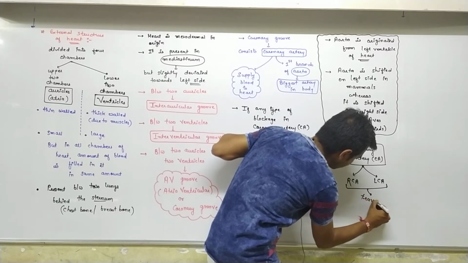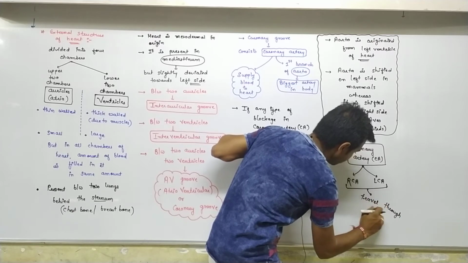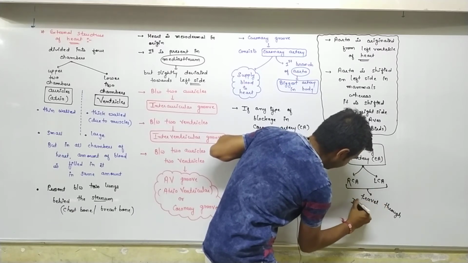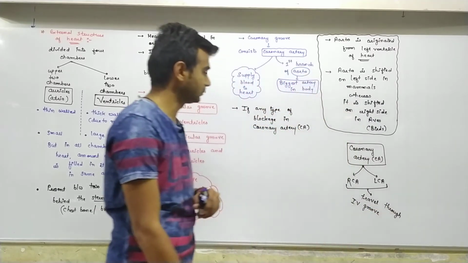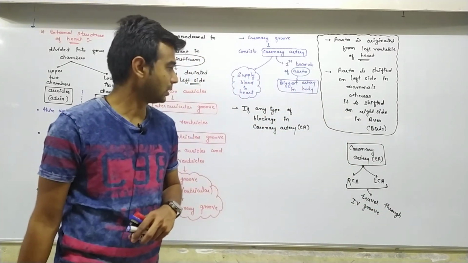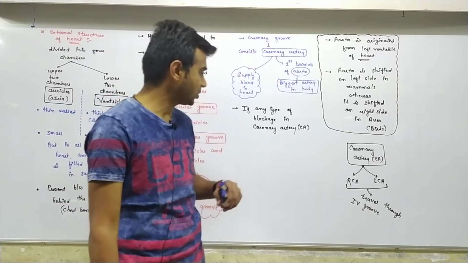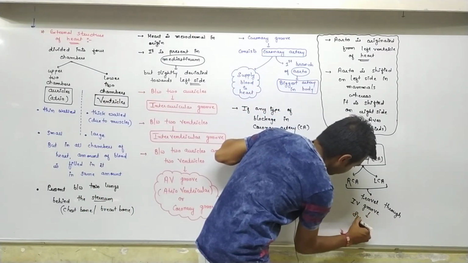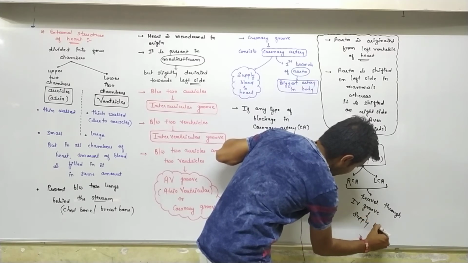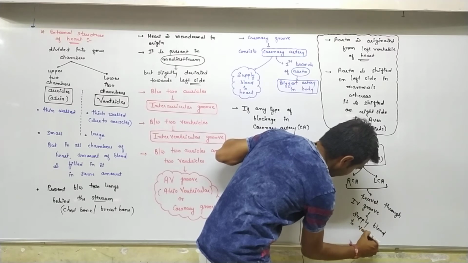Okay, so right coronary artery and left coronary artery travel through the IV groove, interventricular groove, and supply blood to both ventricles.